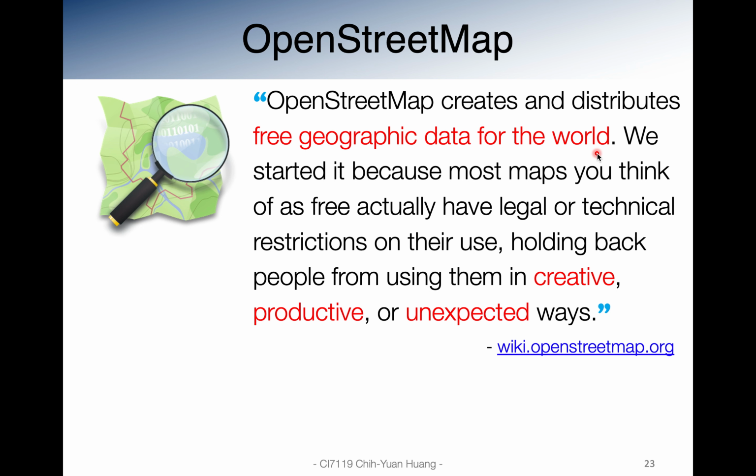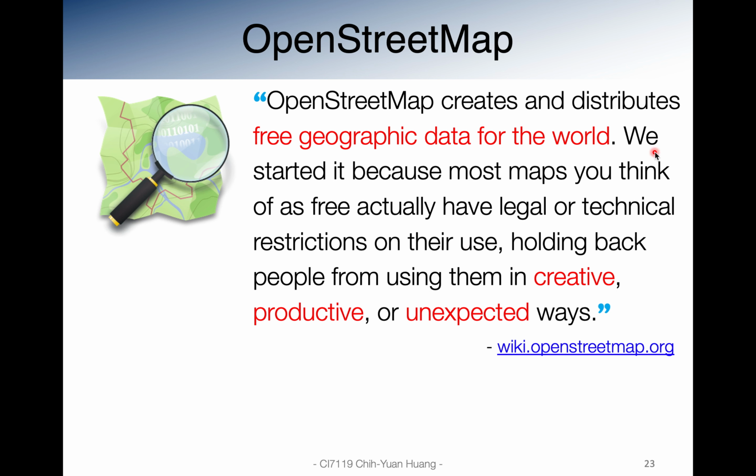They thought that with the advance of web technology, they have the ability to create Web 2.0 applications and allow people to digitize the maps online. And then the information contributed by the volunteers will also be freely available for everyone to use. Okay, so basically that's the reason over here.